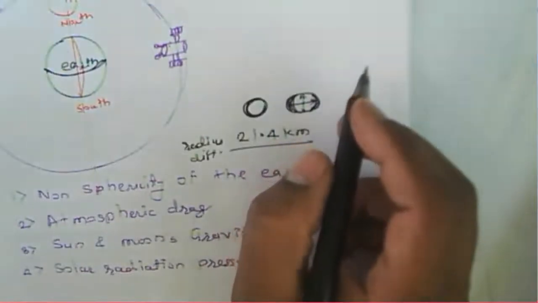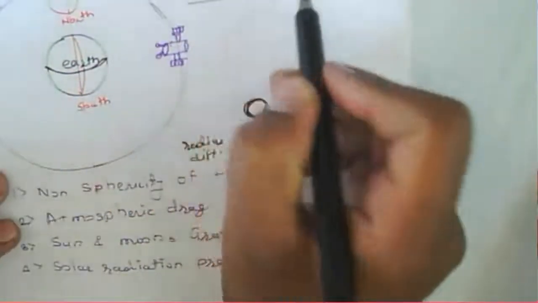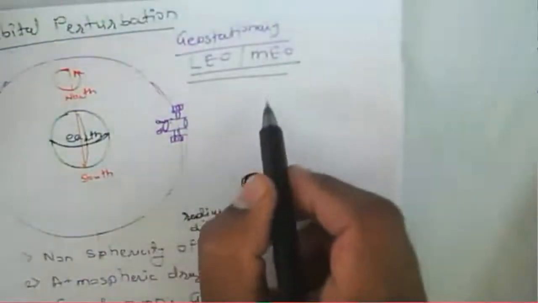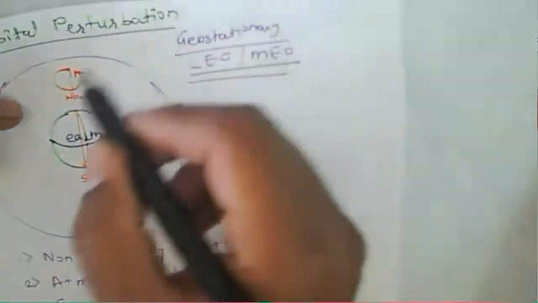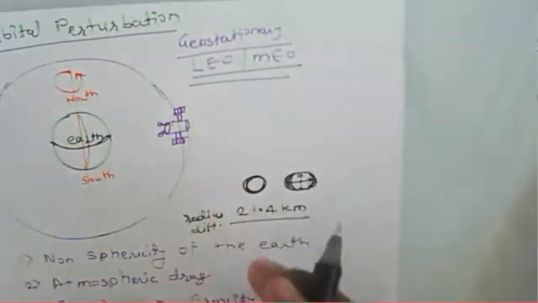And because of that difference in the radius, the altitude changes. Okay, the altitude of a satellite. Suppose these are the orbits, low Earth orbit or medium Earth orbit.